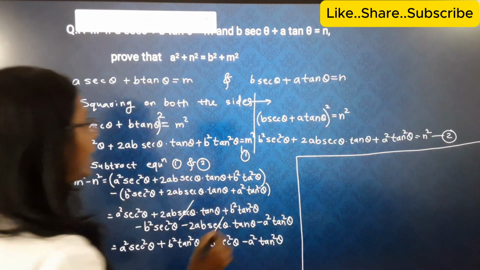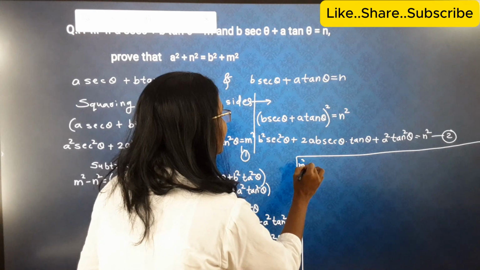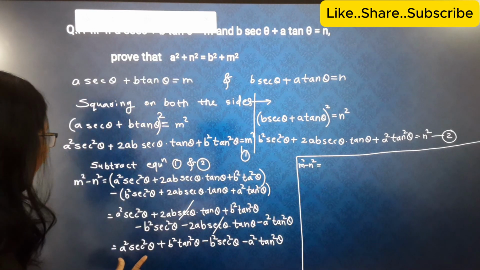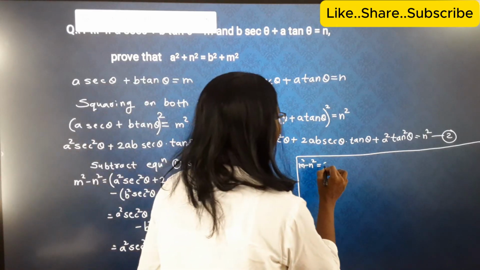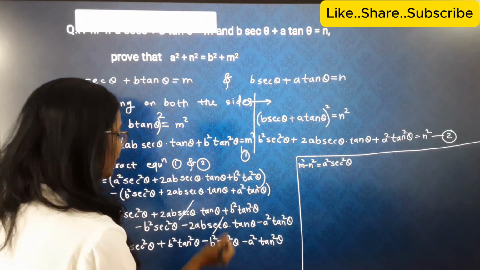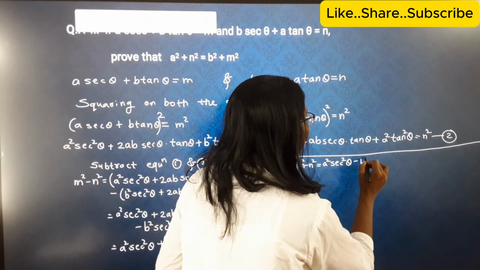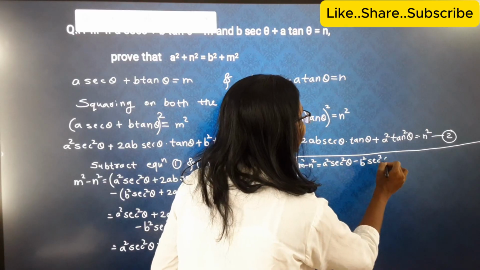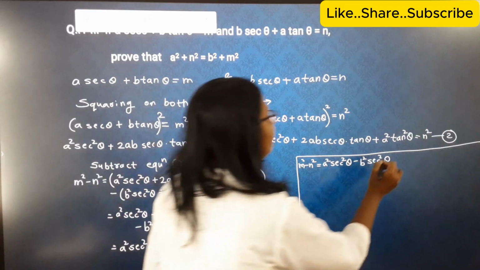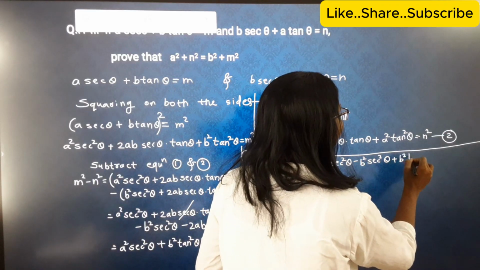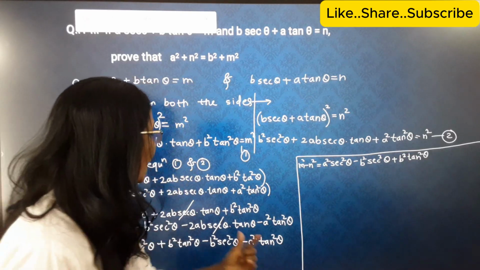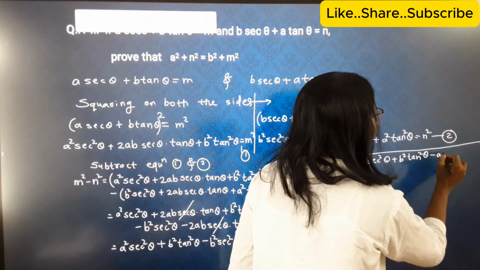I write m square minus n square is equal to a square sec square theta minus b square sec square theta, then the third term b square tan square theta minus a square tan square theta.